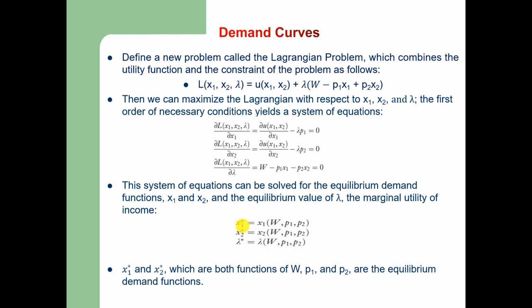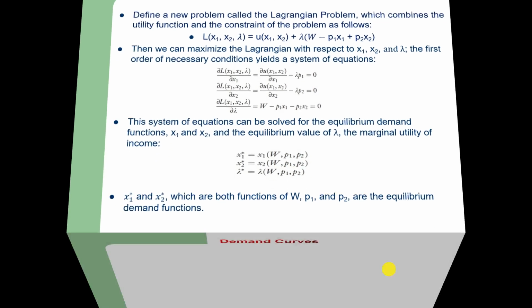And as I mentioned, x1 star and x2 star are both functions of W, that is the consumer income or budget, price of good 1 P1 and price of good 2 P2, and these are the equilibrium demand functions. These are also known as the Marshallian demand functions for good 1 and good 2.